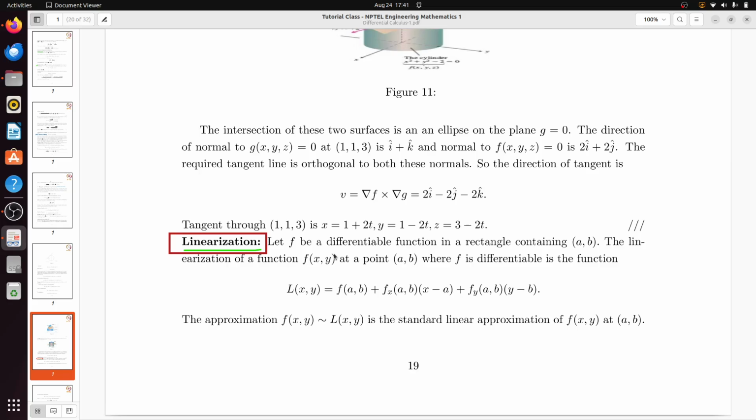To approximate that, for example, if you have a function like sin x and you want to approximate it by considering a third degree polynomial, so you know, sin x can be well approximated as x when x is very close to 0.